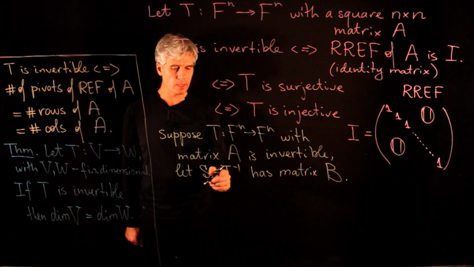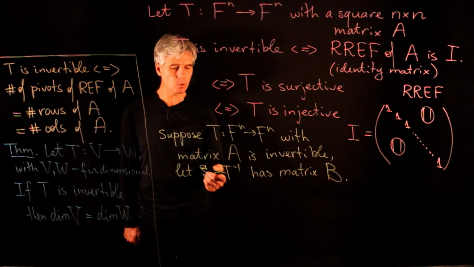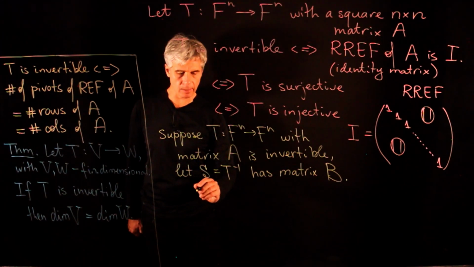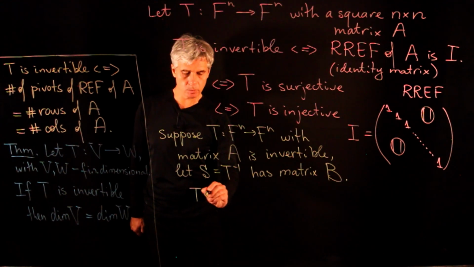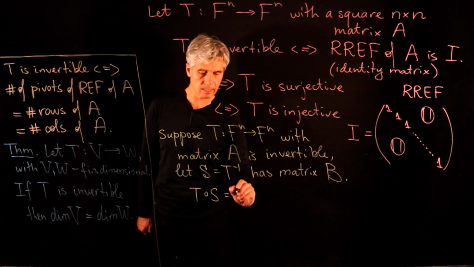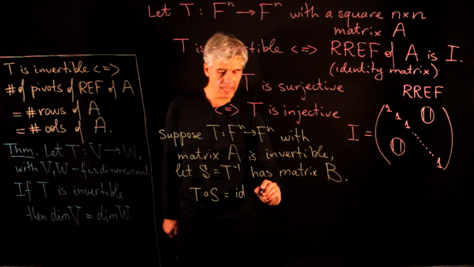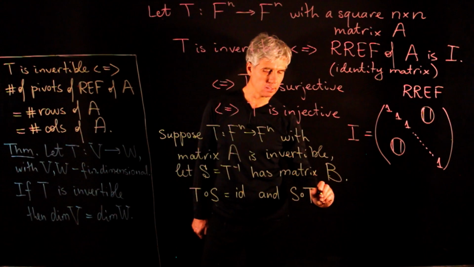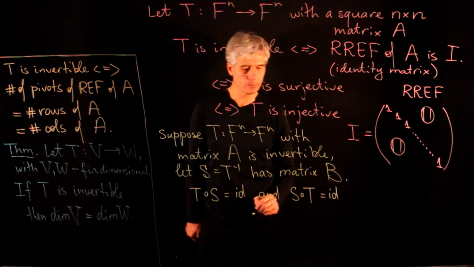So we know that by definition of the inverse, if S is the inverse of T, this means that T composed with S is identity transformation, and S composed with T is identity transformation.